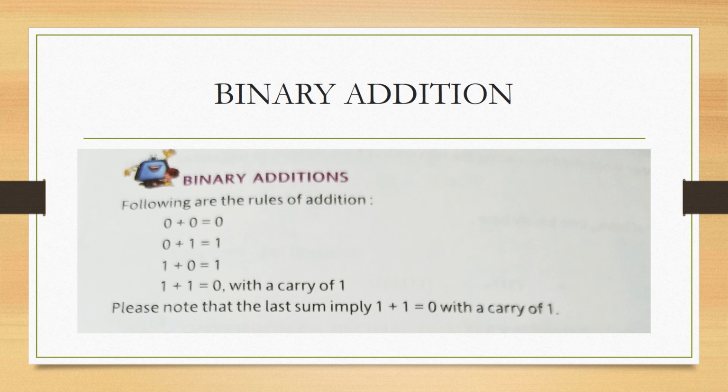And at last, if we add 1 plus 1, we get 0 with a carry of 1. Please note down the last sum: 1 plus 1 equals 0 with a carry of 1. Let us learn binary addition with the help of different examples.